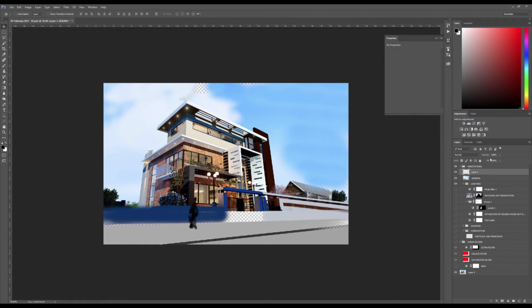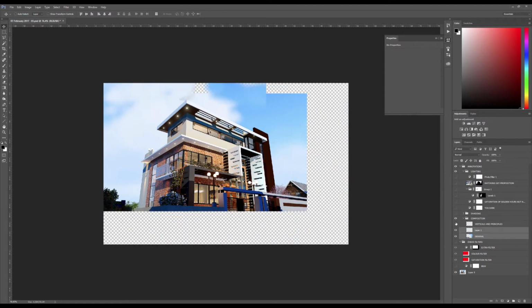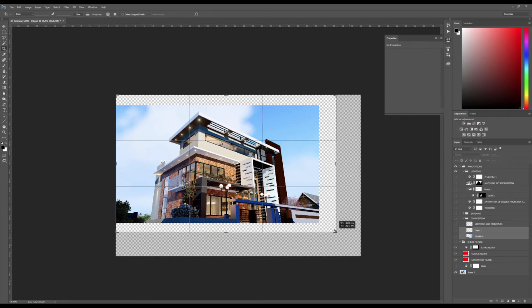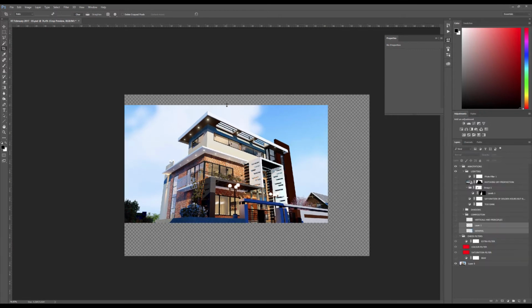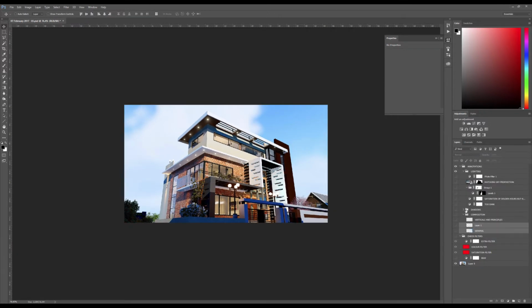So you get the idea. That would be it for composition. I'm going to go back to the original framing, because it's not really workable with the things I've done. The other thing I want to talk about now is the lighting.